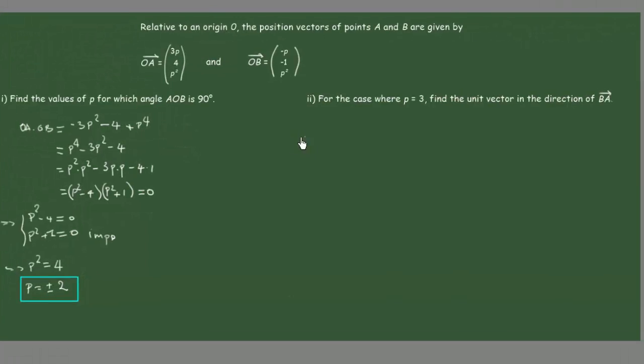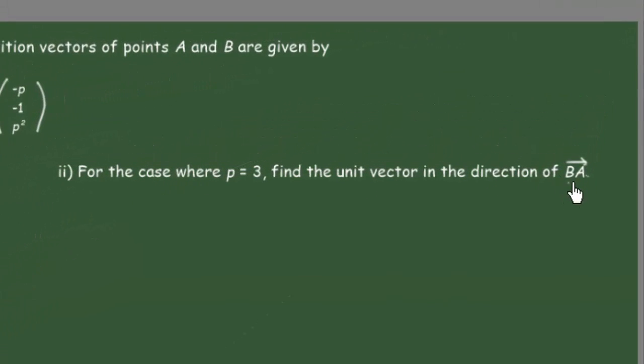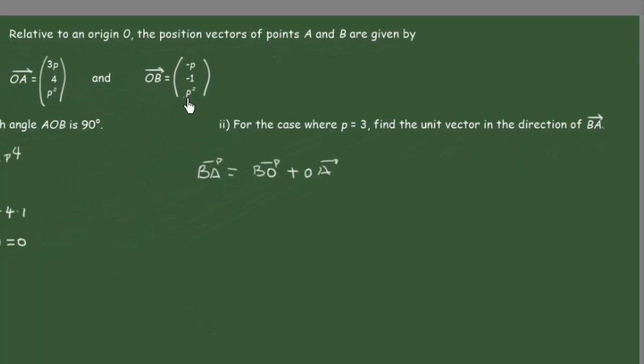Now, to answer the second question, we'll first find the vector BA. We know the vector BA is equal to the vector BO plus the vector OA. The vector BO is the opposite, the inverse vector of OB. So we have minus everything: that would be p, that would be 1, and that would be minus p².